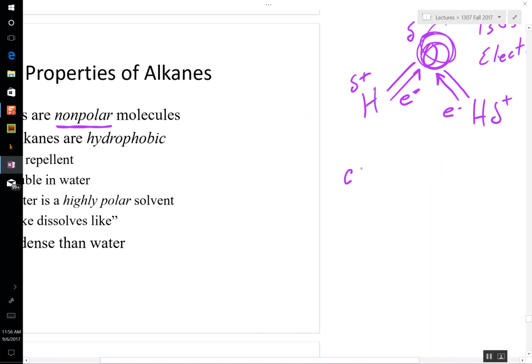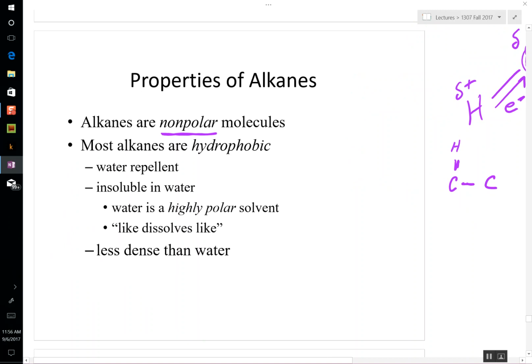Well, carbon has a much lower electronegativity, and in a carbon-carbon bond, those two atoms have exactly the same attraction for electrons. So they don't create a pole, and carbon and hydrogen have similar electronegativities. Carbon has a little bit higher electronegativity than hydrogen, but not as great a difference as oxygen. So these bonds are nonpolar, making the molecule nonpolar.